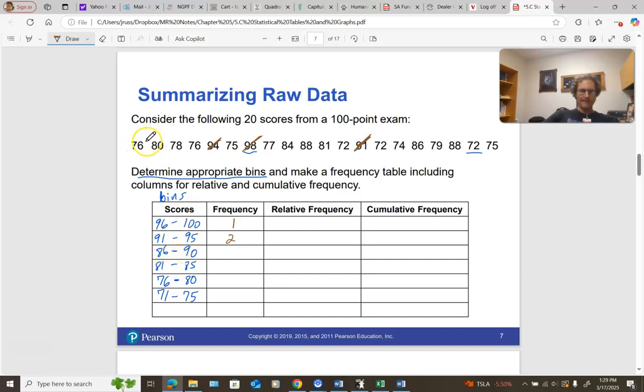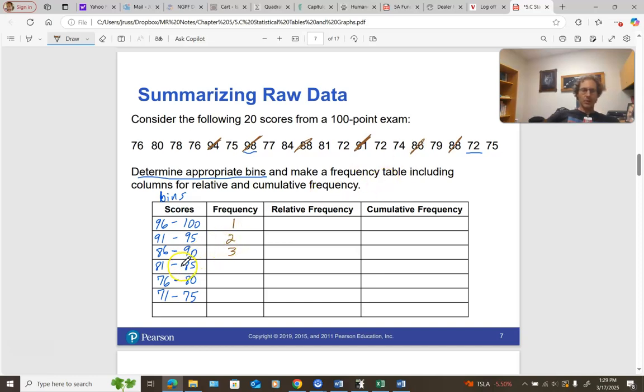You have to be careful because it's easy to miss one. Here's 88, that's 1. Here's 86, that's 2. Here's 88, that's 3. So I think 3 values fall into that range.